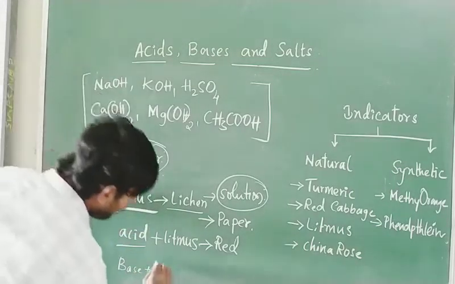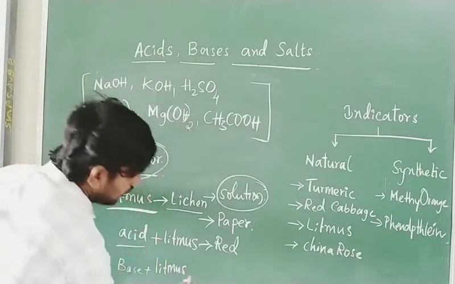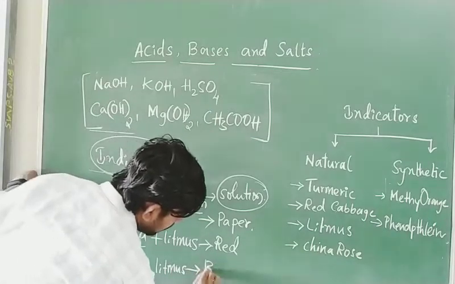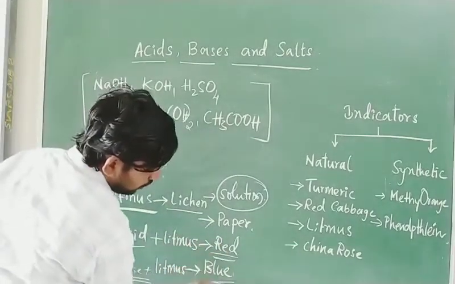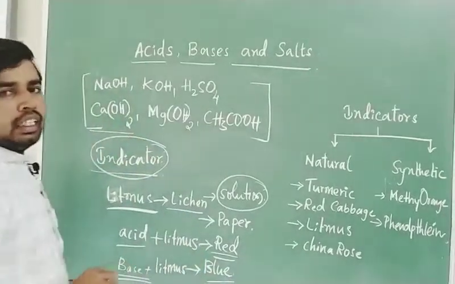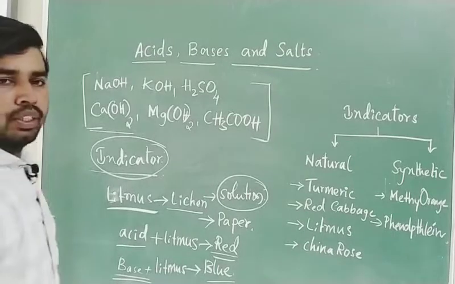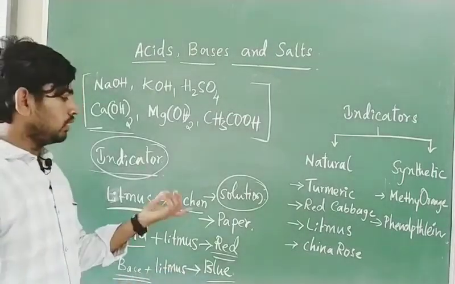What can we do? We can add the litmus. The color of that basic solution turns into blue color. By referring to these two colors, we can say whether it is an acid or base. In this way we can identify acids or bases in the laboratory.